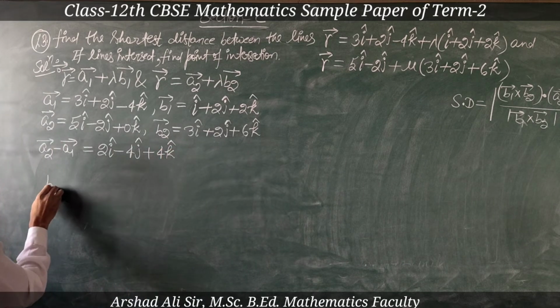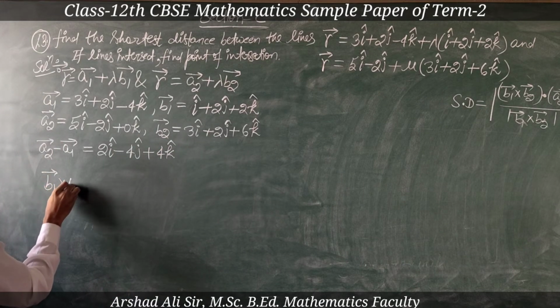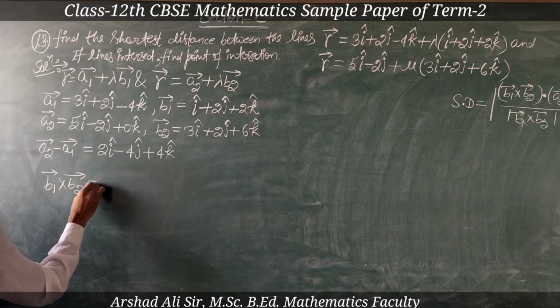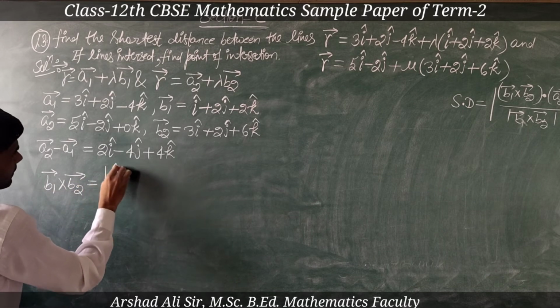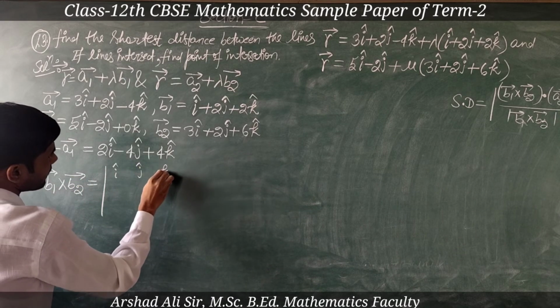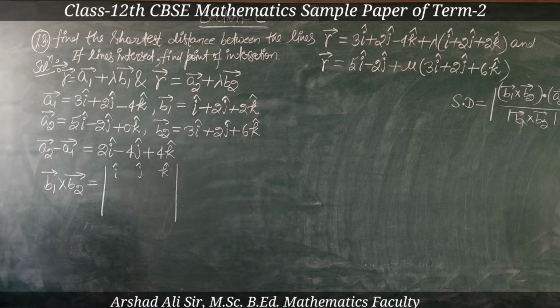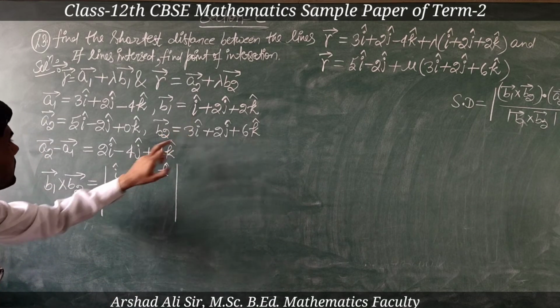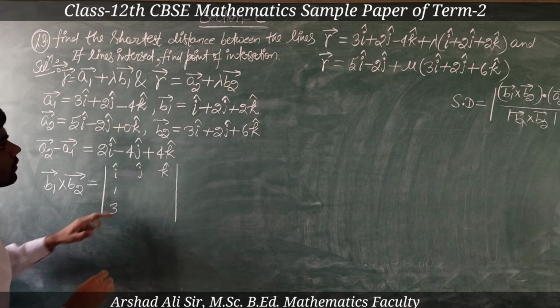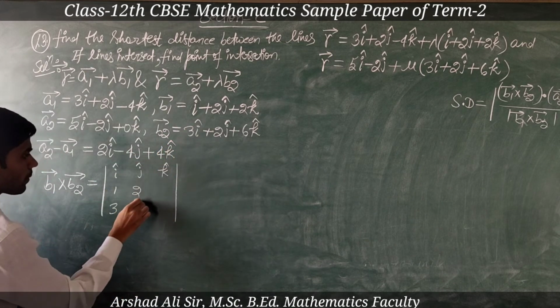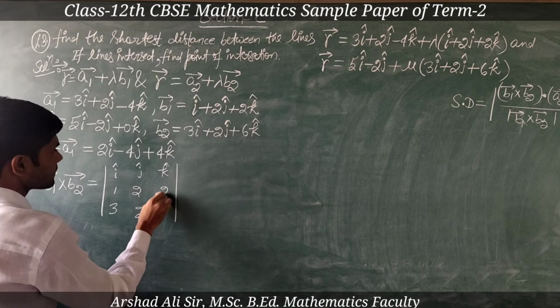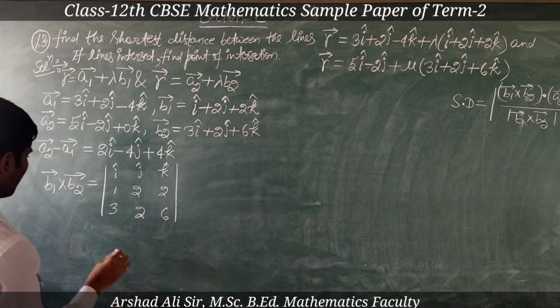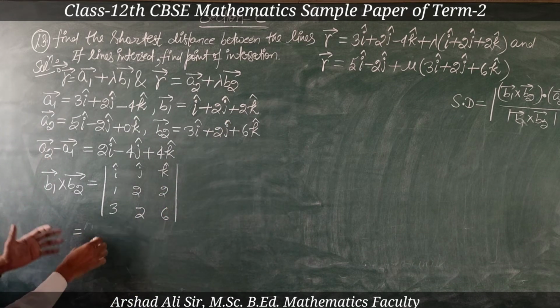Now B1 cross B2. Cross product B1 cross B2, i cap, j cap, k cap. What are the coefficients of i? 1, 3, 2, 2, 2, 6. So here we can find the value after expanding.